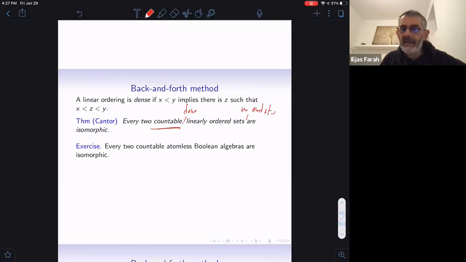Which suggests that with this idea of back and forth construction, once you reach countable stages, funny things can happen. And that is where countable saturation comes to the rescue. Okay, so I'll just stop here, and we'll continue on Monday, but I'll hang around if you have any questions.